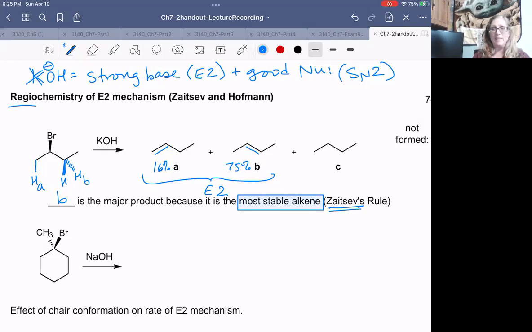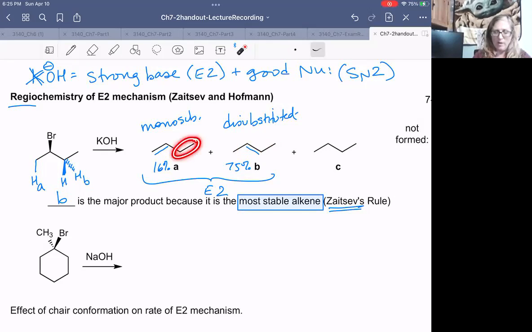So what makes B more stable? Do you agree that B is more stable than A? Yes, because B has two carbon groups attached. We call that a di-substituted alkene, where A is a mono-substituted alkene. Let's write this out, di-substituted. This has two carbon groups attached.